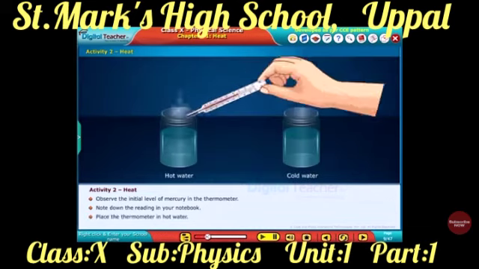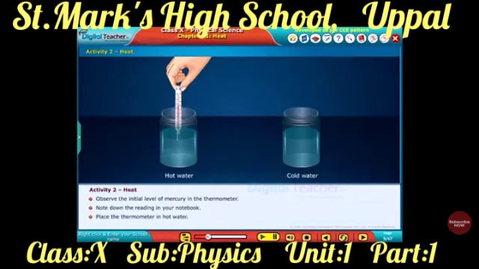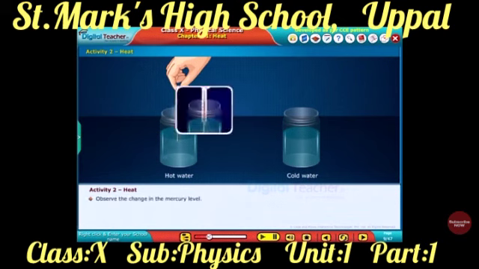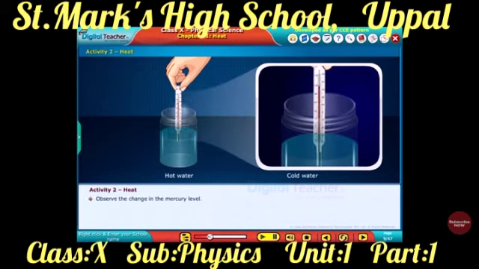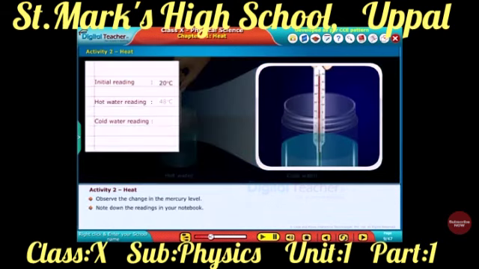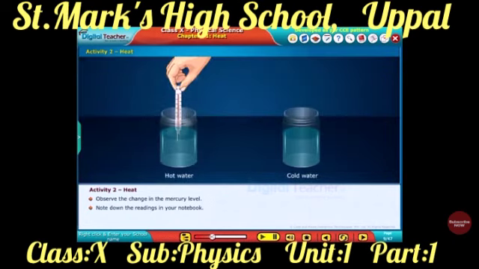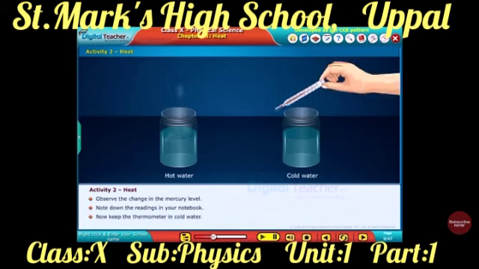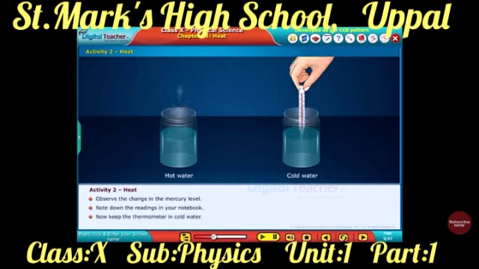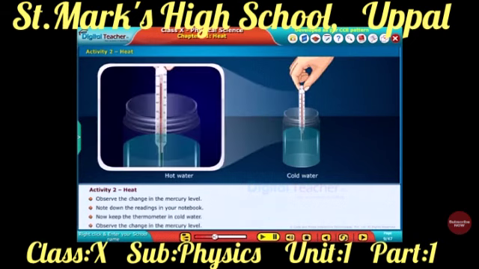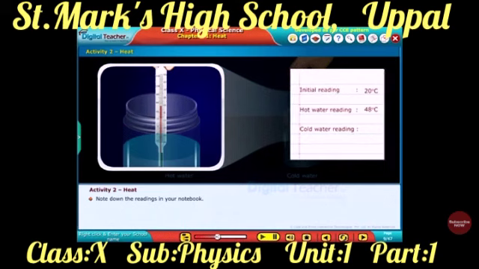Place the thermometer in hot water. Observe the change in the mercury level. Note down the readings in your notebook. Now keep the thermometer in cold water. Observe the change in the mercury level. Note down the readings in your book.